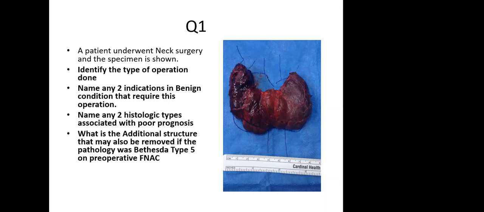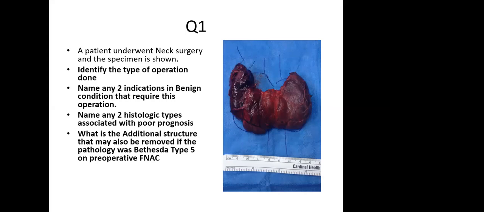Now, what is the additional structure removed? As sir has very appropriately said, for a Bethesda 5, a suspected malignancy, if you see an enlargement of nodes in the central compartment, then it is important that you remove the central compartment nodes, provided your center has a recurrent laryngeal nerve injury rate less than 0.5% and a parathyroid removal rate less than around 2%.